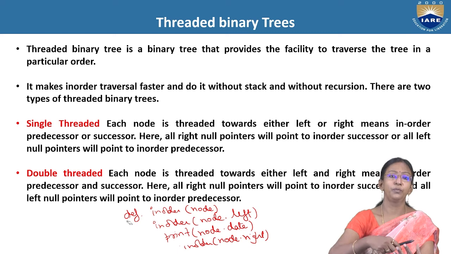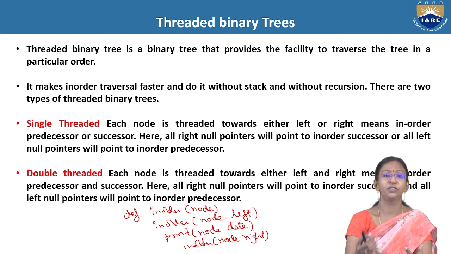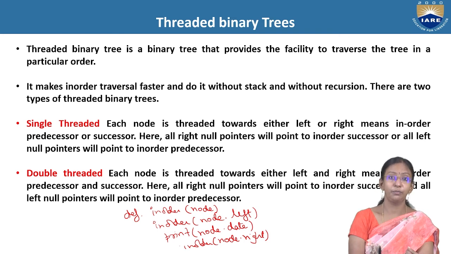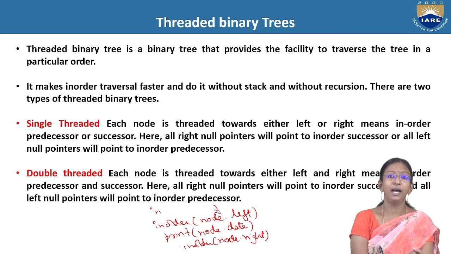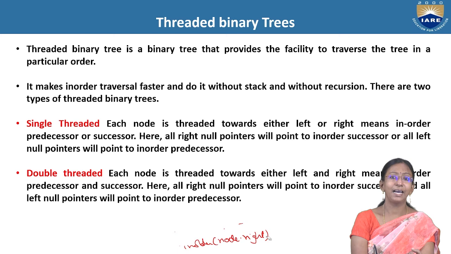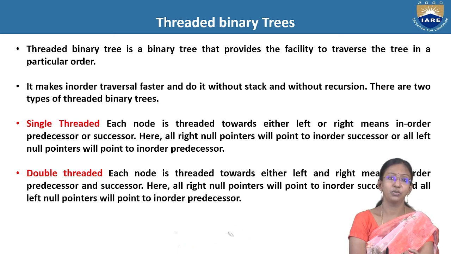So moving to a stack, fetching the address on top of the stack, reaching that position, and again executing is all time consuming, right? And the second part is recursion. So to overcome the difficulty of these two parts, the stack and recursion, threaded binary trees have come into the picture.